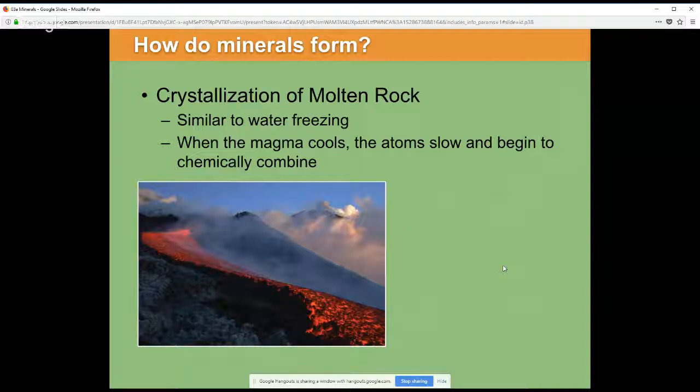And the sequence of cooling follows that of the Bowen's reaction series, which we talked about in the igneous rocks lecture. And you can think of this as just like water freezing, except the magma freezes at a much different temperature than water.